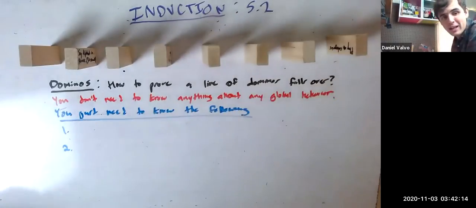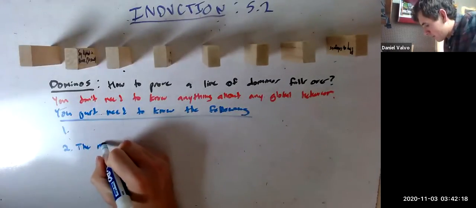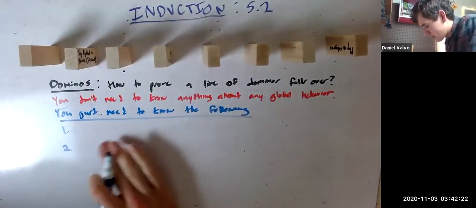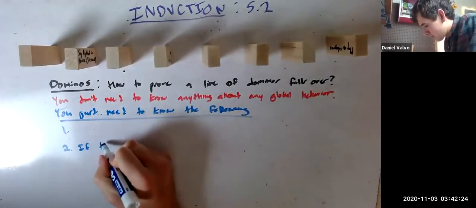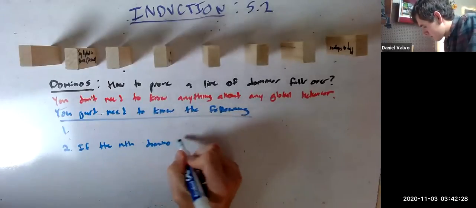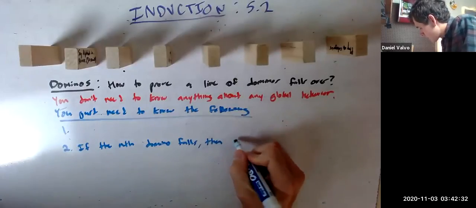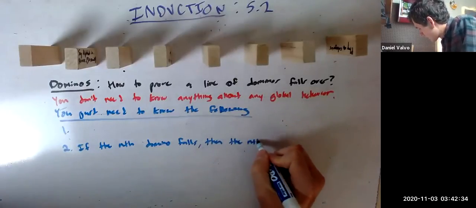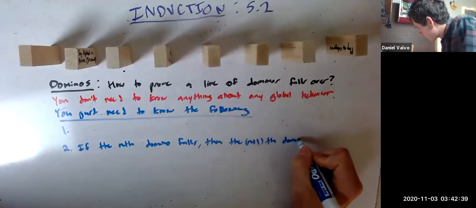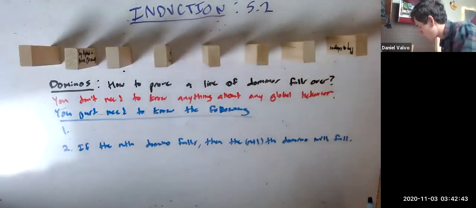But two, the second thing you need to know is that if the nth domino falls, then the n plus 1th domino will fall.